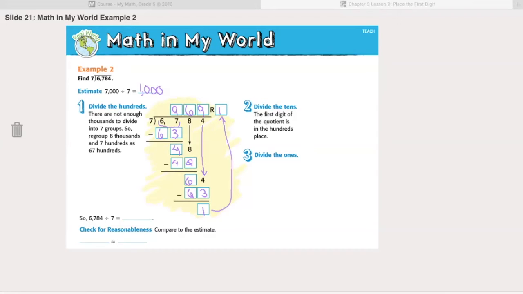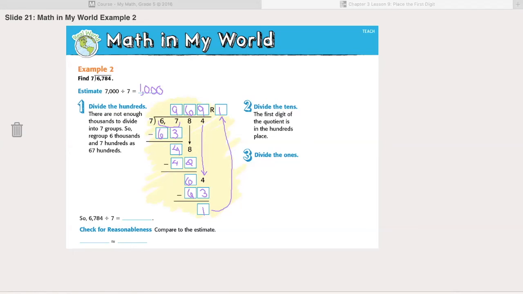So our answer, which begins in the hundreds place, right, because we could not fit 7 into the thousands place, so we said it was 67 hundreds. Our quotient began over the hundreds place. Our answer is 969, remainder 1.